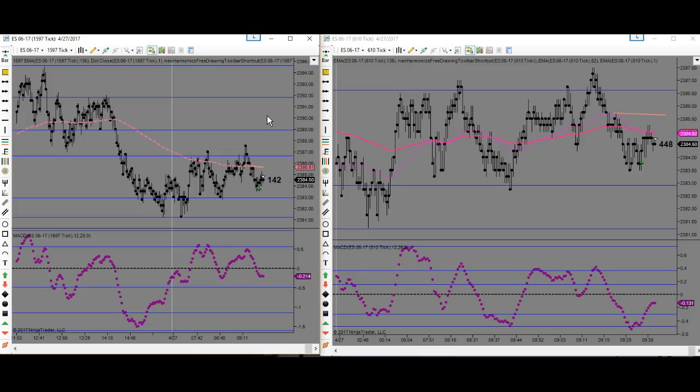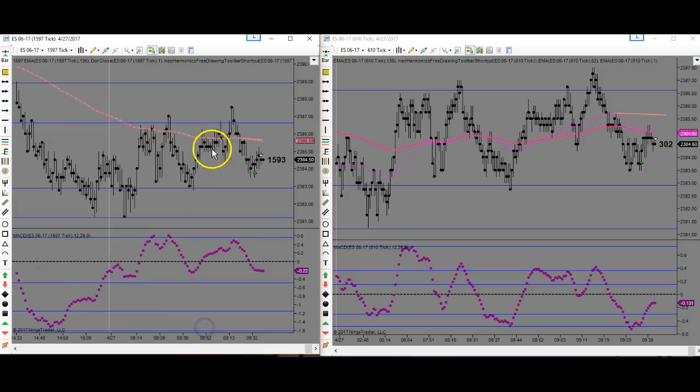I like to flow with the market. Today's just not a very good flow. It's trying to push down, and this is all the reaction that MACDs are giving in the 1597.